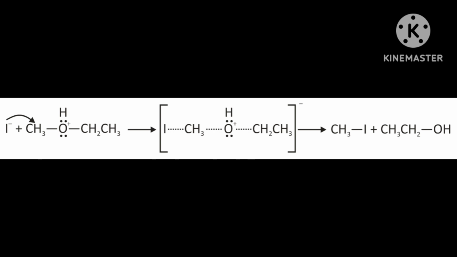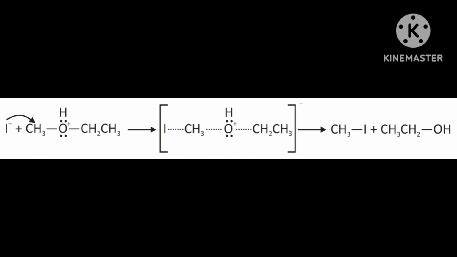When hydrogen iodide is in excess, and the reaction is carried out at high temperature, the ethanol that formed reacts with another molecule of HI and is converted to ethyl iodide. At high temperature and with excess HI, this ethyl alcohol which you got can react further with another HI in the same way.